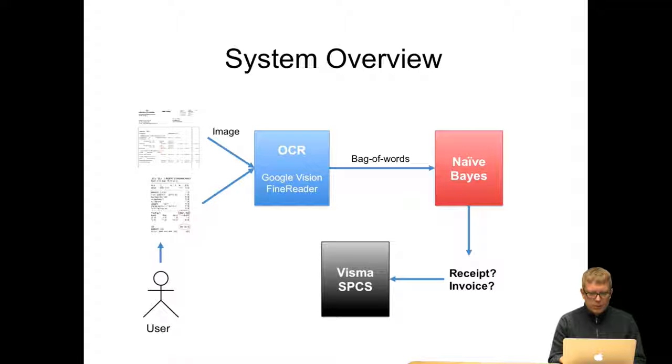So the images are fed through an OCR system. We get a bag of words. The bag of words is fed to a Naive Bayes classifier, and the output of the classifier is whether this image represents a receipt or an invoice, and we can use it to automatically classify these images in the Visma accounting system.